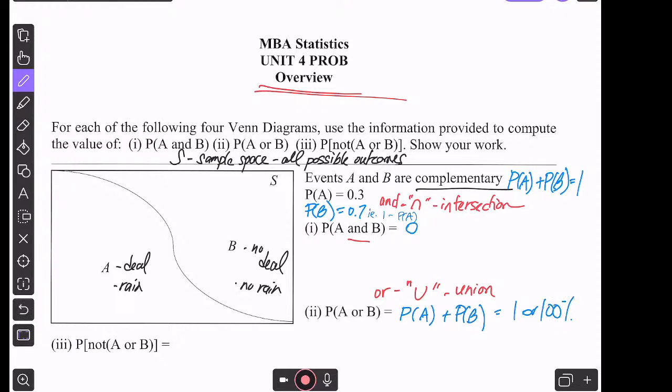All right, and then we have the event not A or B. So now I'm going to introduce the concept of not. Well, we had an idea of that over here. A is the same as not B. B is the same as not A. Okay? Because what is not? In red I'm making notes.